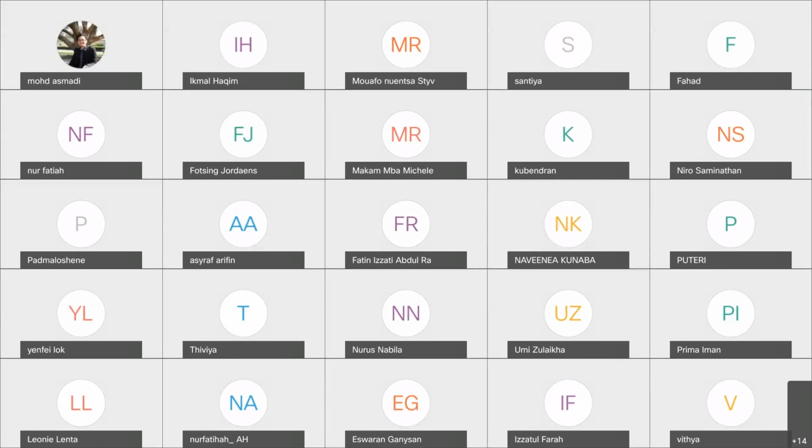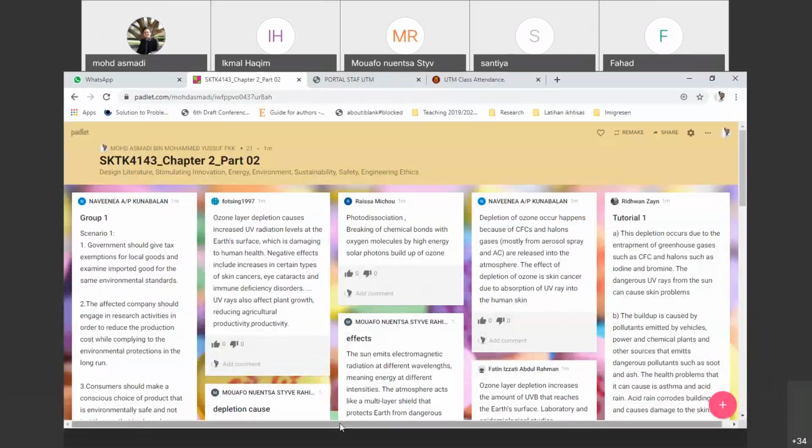Scenario 1, government should give tax. Yes, of course.